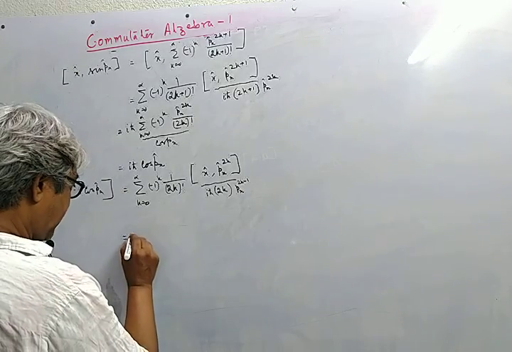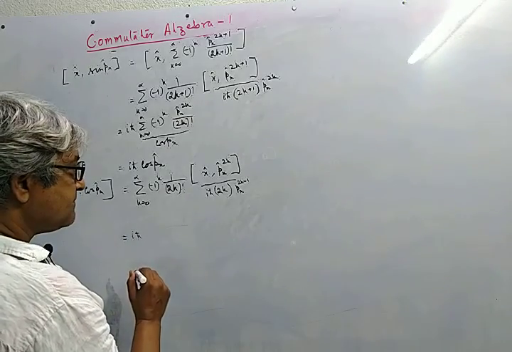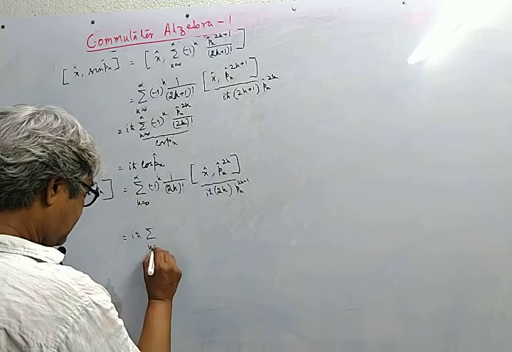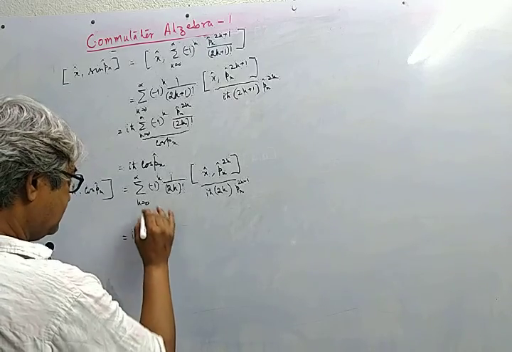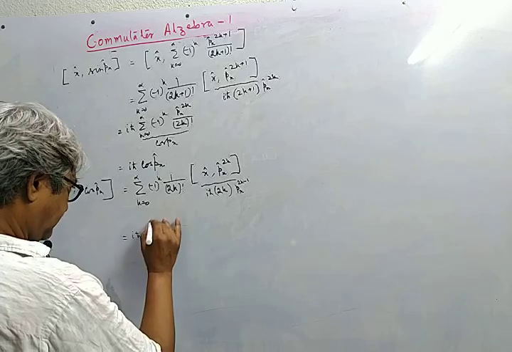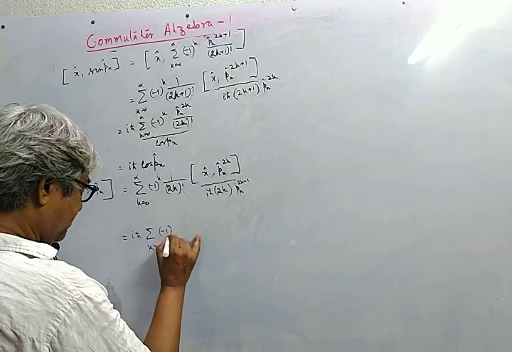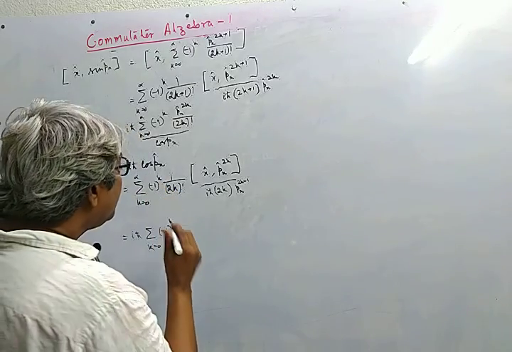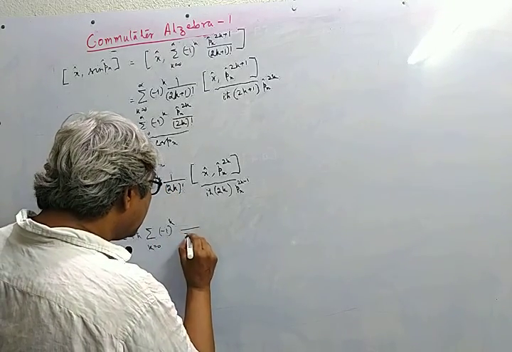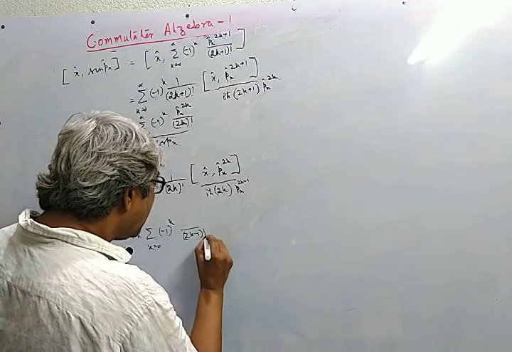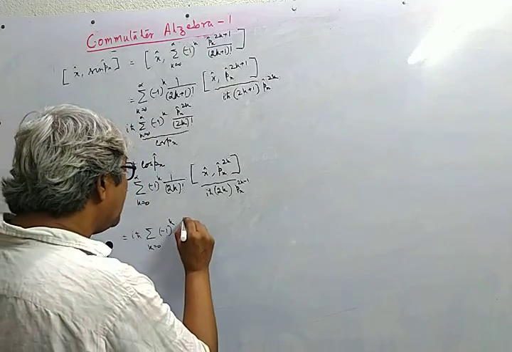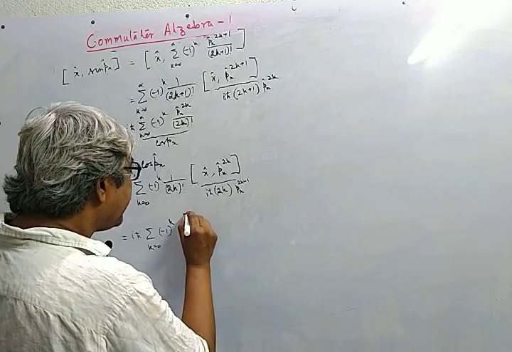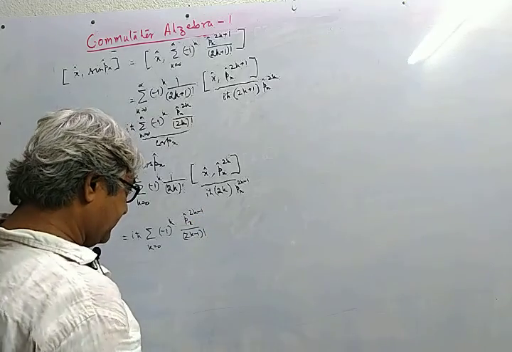So the result will be i h cross times minus 1 to the power k. This makes it 2k minus 1 factorial in the denominator, and in the numerator we will have px operator to the power 2k minus 1.